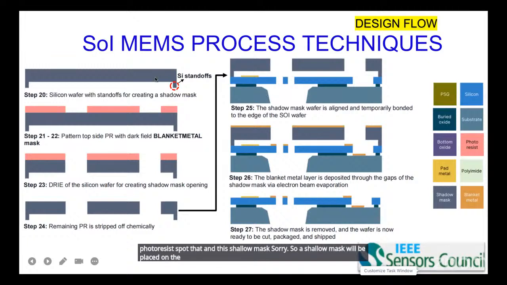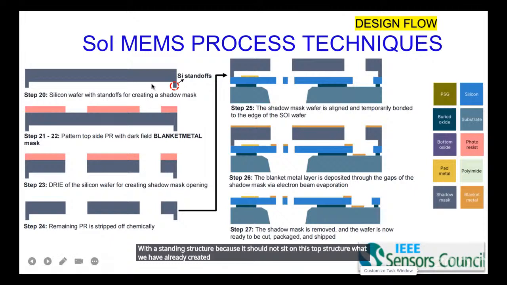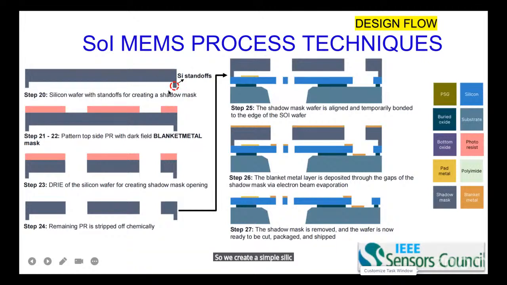As you see here, this is again a silicon which is created in this shape with a standing structure, because it should not sit on the top structure that we have already created. So we place a structure. For simplicity, the diagrams are shown without our device layers. So we create a simple silicon standing kind of structure. Over that, the photoresist is coated.